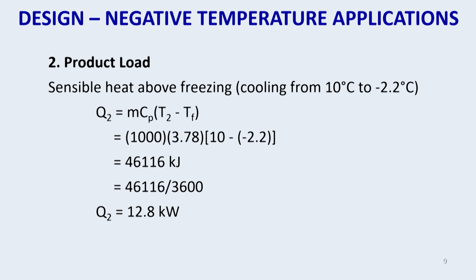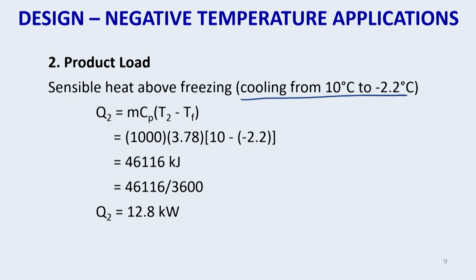Let us come to this Q2. The reason why I am not calculating Q1 is that the initial temperature to the pre-cooling temperature is not given. We assume the given temperature, 10 degrees, as the after pre-cooling temperature. So let me change the pen color.